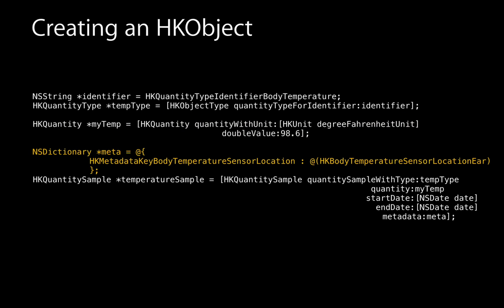Last, we create some metadata. This piece of metadata says that the person probably took their body temperature using an ear thermometer. We can then pass all of this to HKQuantitySample's quantitySampleWithType and give it a start date and end date of right now.